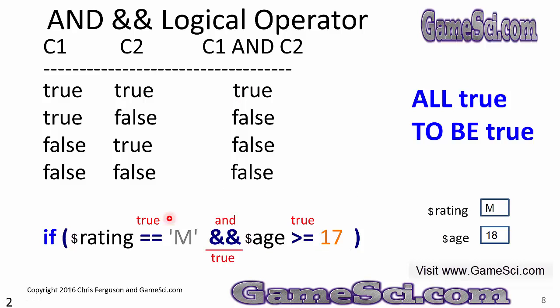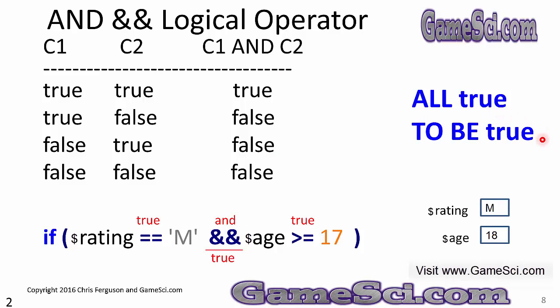And sure enough, you AND true together and you get a result of true. Focus on this line of the truth table. If both my inputs are true, then the result of the AND is true. This here is called a truth table. It goes through all possible inputs of true and false for the AND logical operator and tells you what the output should be for those two inputs.